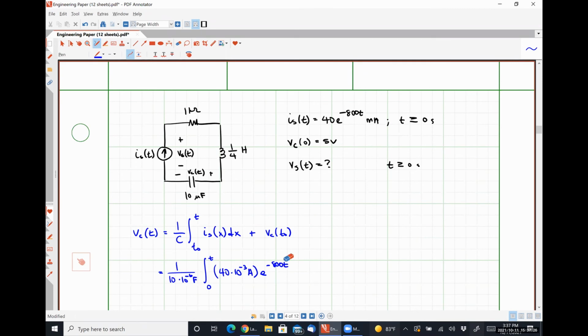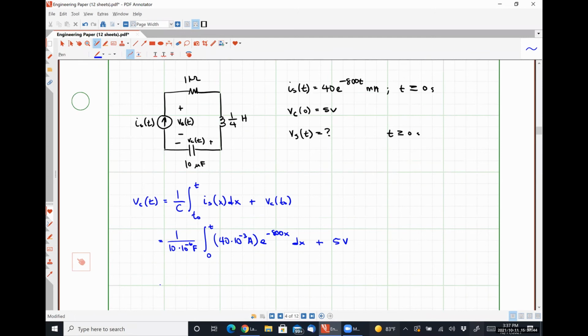Excuse me, that should actually be 800x dx, plus my initial condition on this, which is 5 volts.